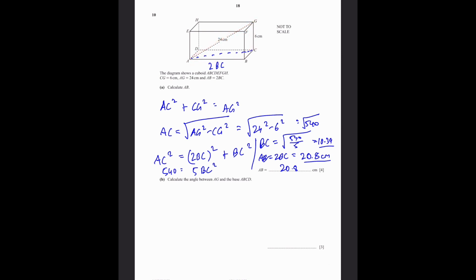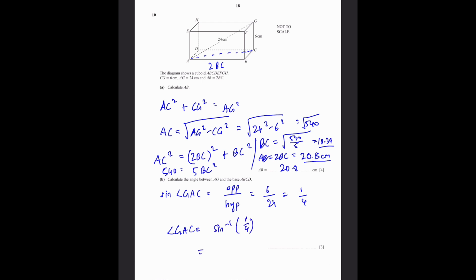So using trigonometry, or in other words, the sine function, we can say that sine of angle GAC is equal to the opposite by hypotenuse. And in this case, the opposite to this angle is 6 centimeters and the hypotenuse is 24 centimeters. So 6 by 24, which is 1 by 4. Now the angle GAC is going to be the sine inverse of 1 by 4.